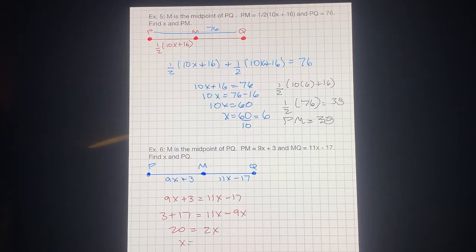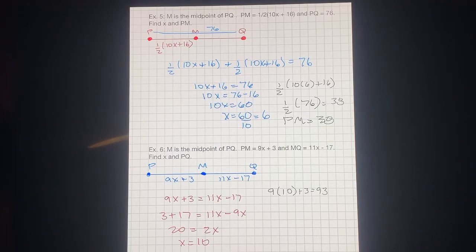So x equals 10. Now that I have that x equals 10, I can simply replace x in both equations and find the length for PQ. So I can say 9 times 10 plus 3, that's 93.